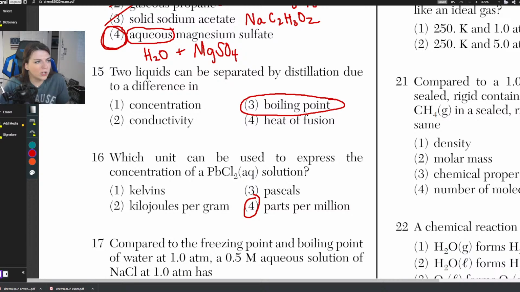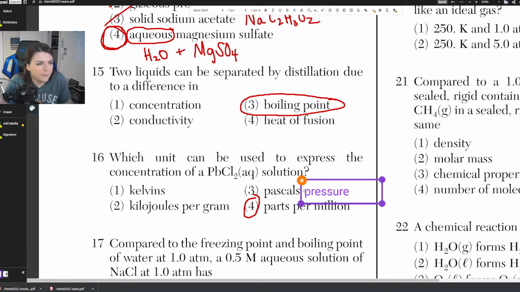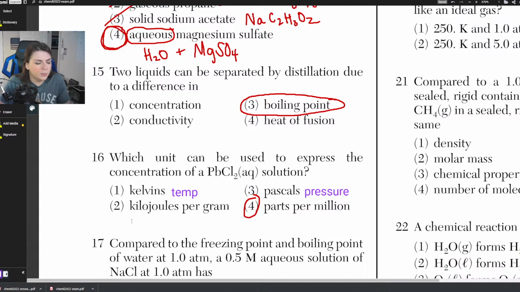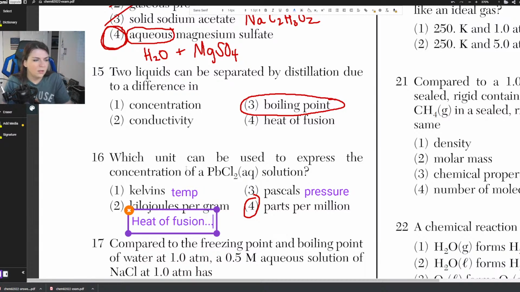Pascals measures pressure. Kelvins is temperature. And kilojoules per gram. Kilojoules per gram. Joules per gram. Heat of fusion, heat of vaporization. It's not concentration.